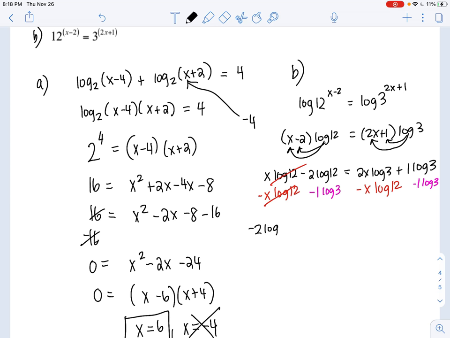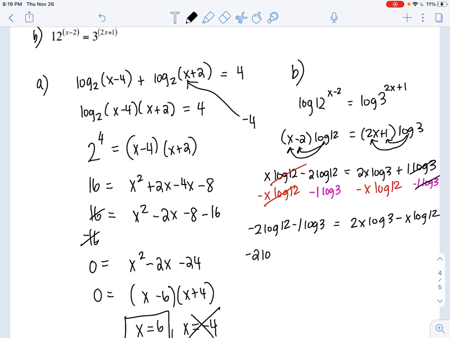So minus 2 log 12 minus 1 log 3. And then you have on the right side 2x log 3 minus x log 12. So these guys crossed each other off. Okay. So as you can see, your goal is to isolate and have the x's on one side, non-x's on the other side.